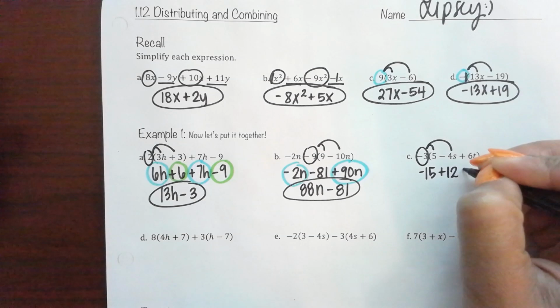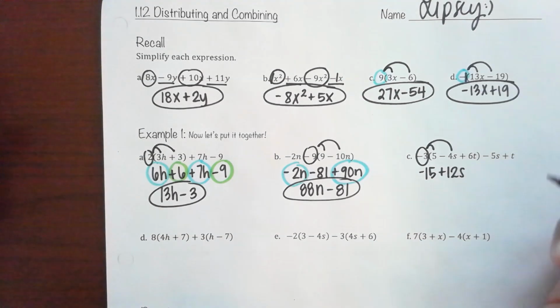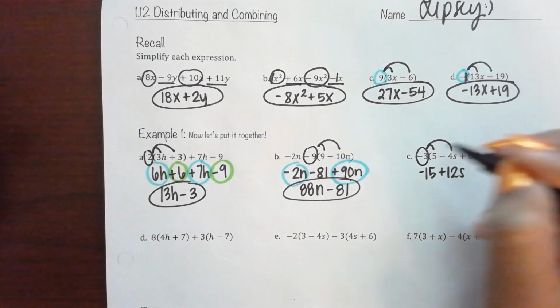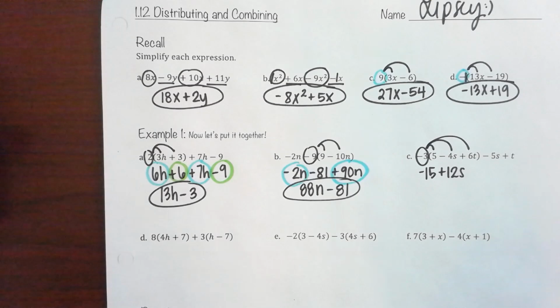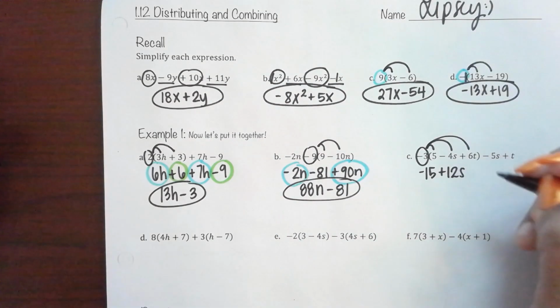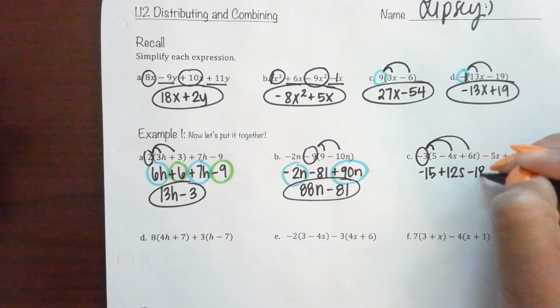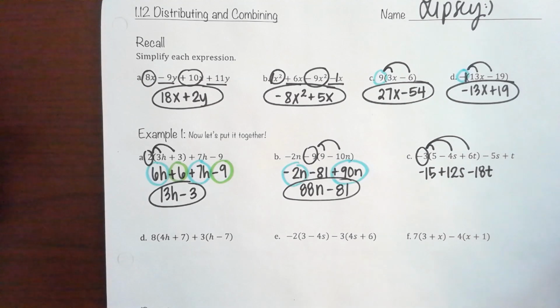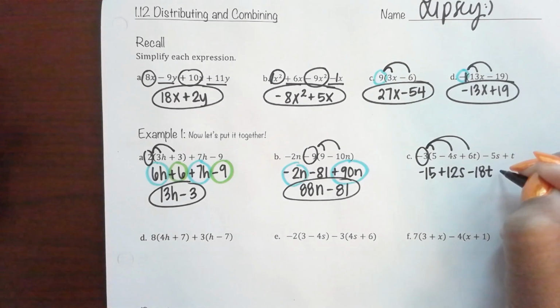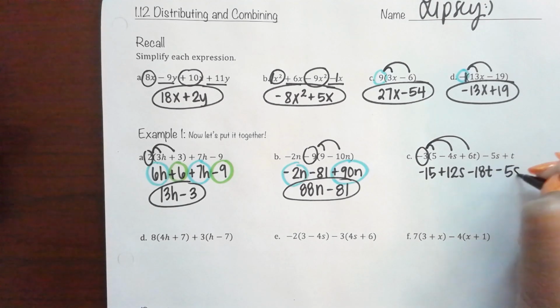Everybody agree? Bring down that s, don't forget it. Then negative 3 times 6t. It'll be minus 18t, right? What comes down behind that? Minus 5s plus t.